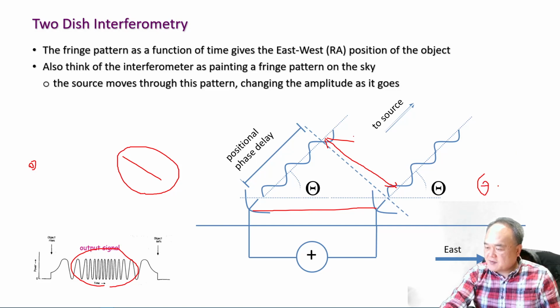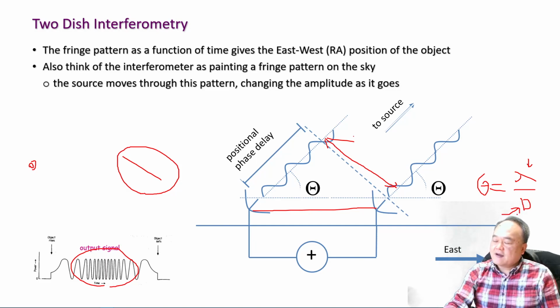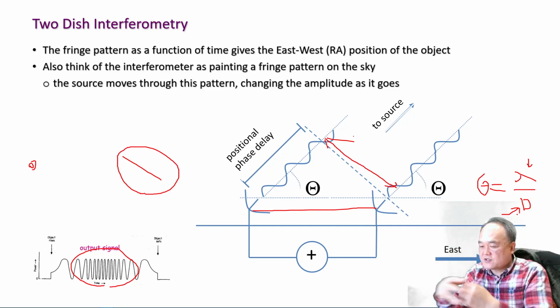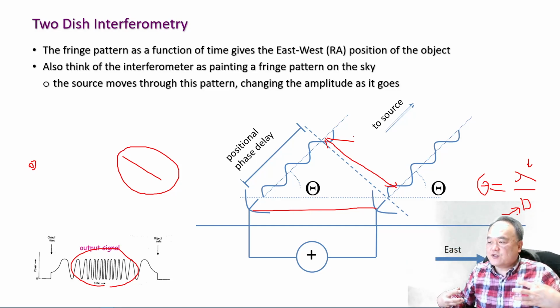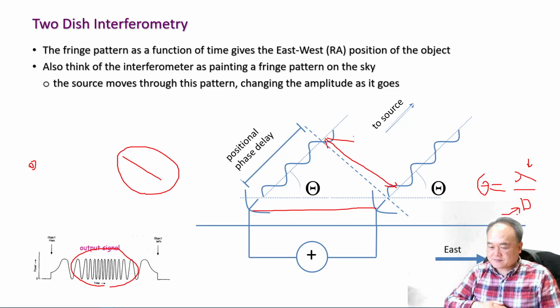The diffraction limit is defined by lambda over D, right? So for a given fixed observing frequency, we are effectively increasing the diameter, or aperture size, of the telescope by separating these two telescopes further apart.